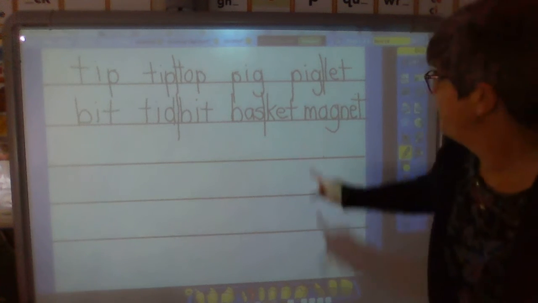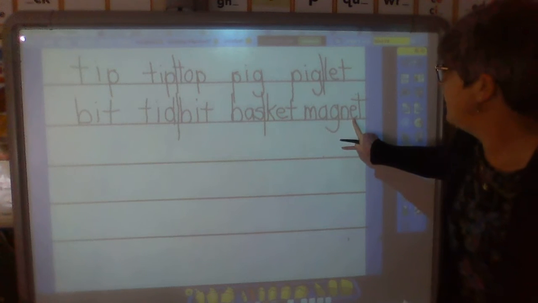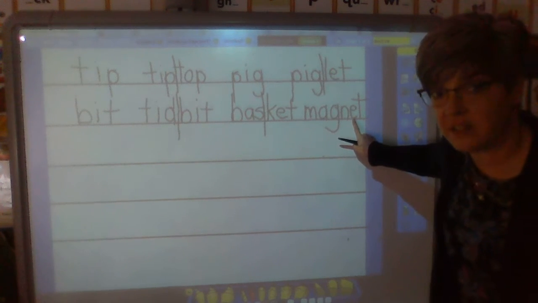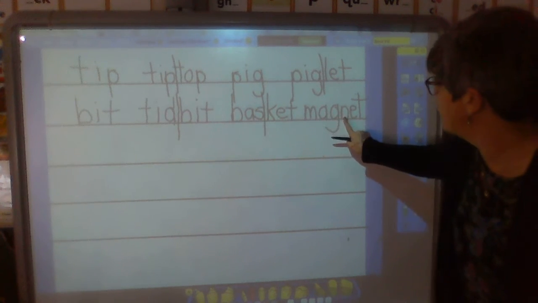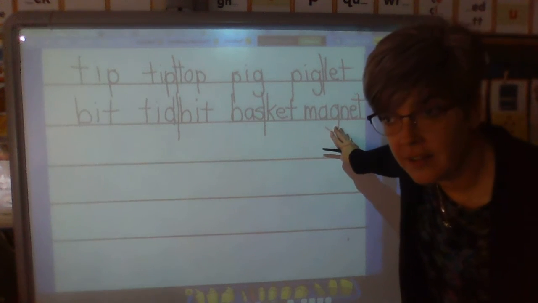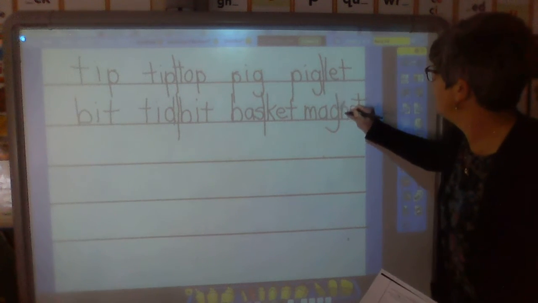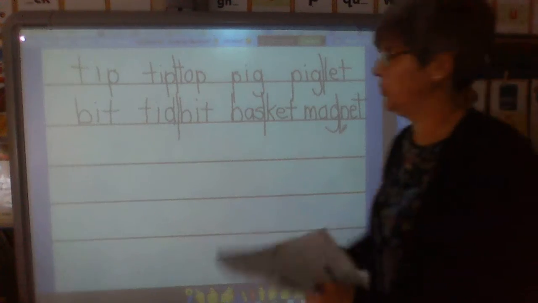Did you find it? A is a vowel, G and N are consonants, E is a vowel. So this word does have the vowel, consonant, consonant, vowel pattern. So where do we draw the dividing line? That's right, between the G and the N. Well done. Let's read line 2.